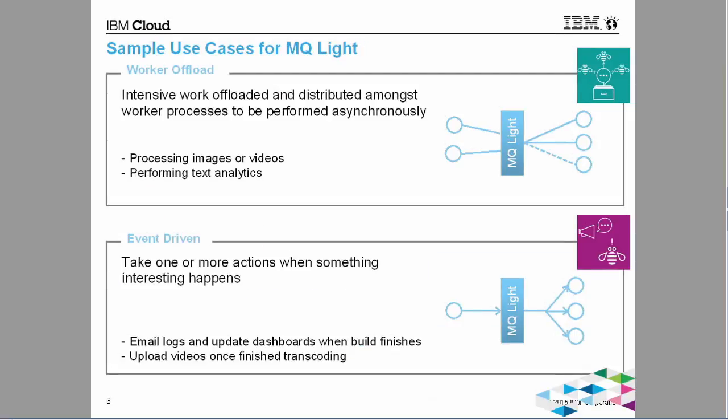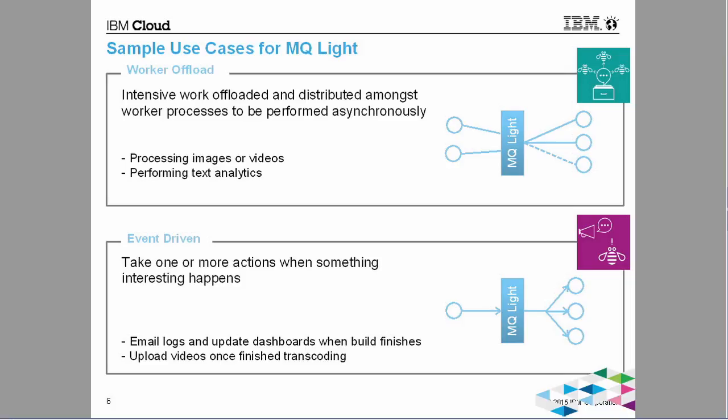So what are the sample use cases that people use it for? As we said, the worker offload pattern is one of the key use cases we see in the industry for which MQ-Lite is used.